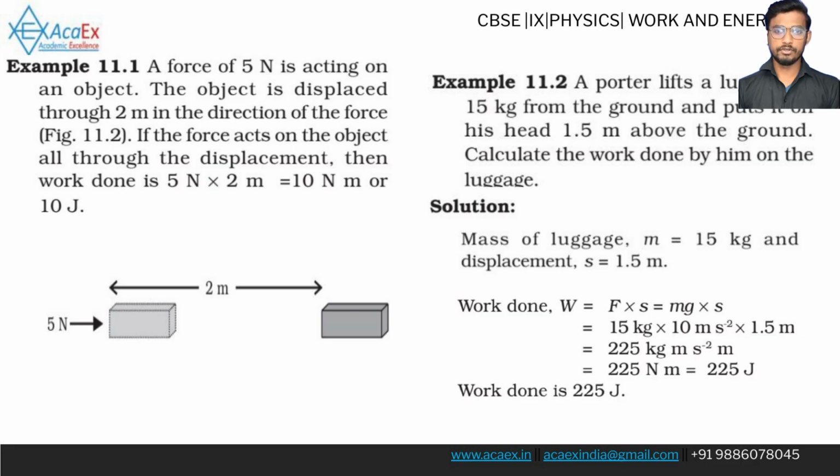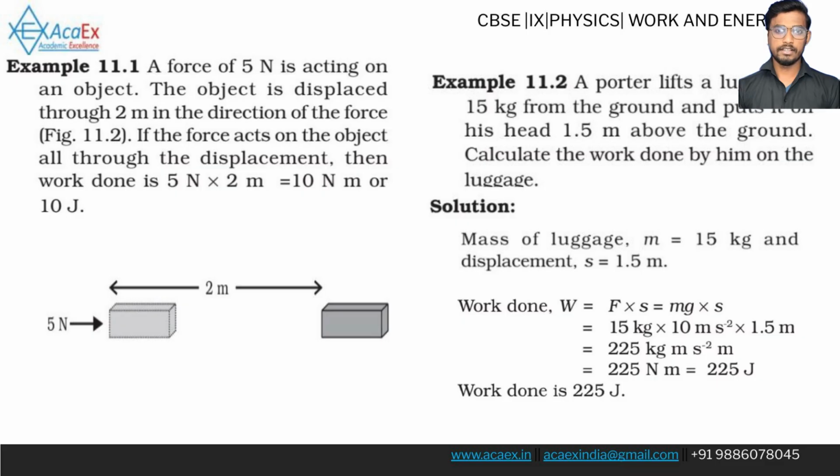Example 11.2. A porter lifts a luggage of 15 kilograms from the ground and puts it on his head 1.5 meters above the ground. Calculate the work done by him on the luggage. Solution. Mass of luggage, m equals 15 kilograms, and displacement, s equals 1.5 meters.